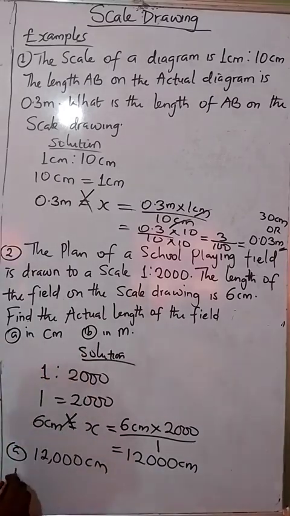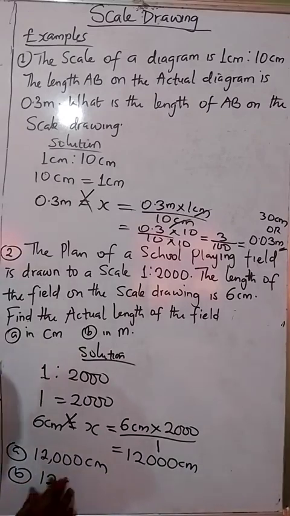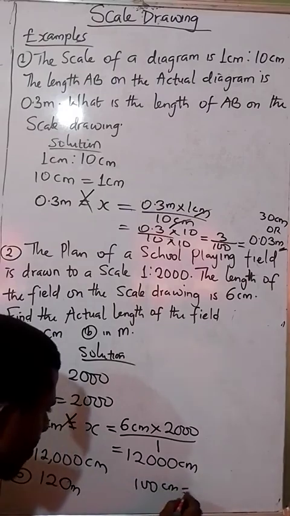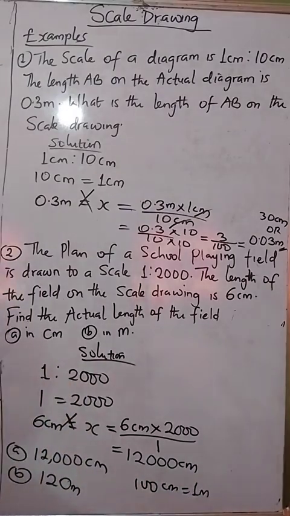Then B in meters, that's 120 meters. Remember, 100 centimeters make 1 meter. So if 100 centimeters make 1 meter, then 12,000 centimeters make 120 meters. All right, thank you.